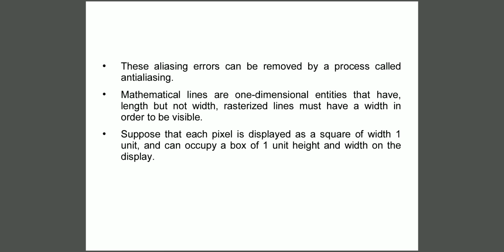In anti-aliasing, as you know, when we display a line segment, the line segment has a length but it does not have a width. Because it doesn't have a proper width, we are facing these aliasing errors. That is, the line segments are not displayed smoothly. Because of that, in the anti-aliasing concept, we add one pixel width or 1 unit width to a line segment when we update its pixel information.